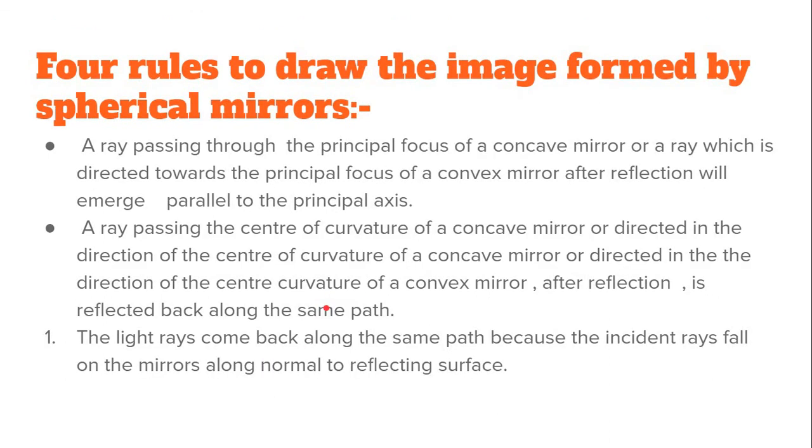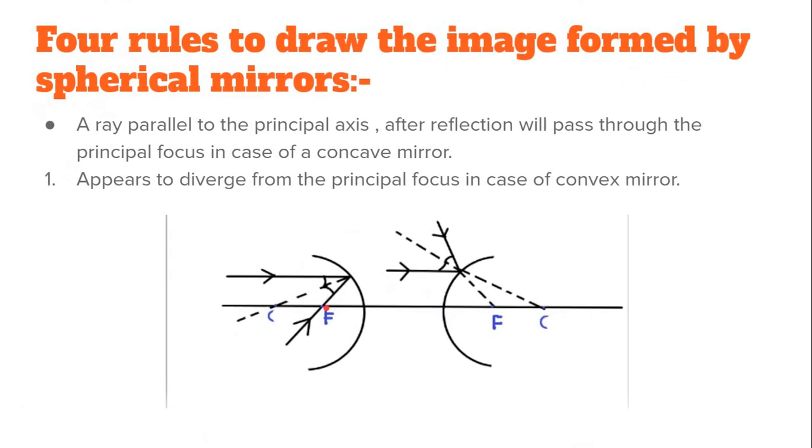Focus is here, and it appears to diverge from the principal focus in the case of a convex mirror. So in a convex mirror it always appears to be diverging, but it is not diverging, it's just appearing. But in a concave mirror it passes through the principal focus.